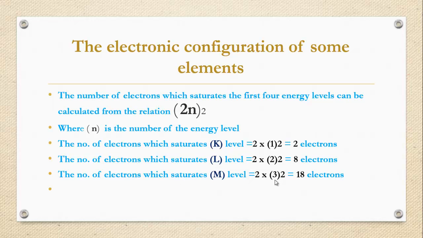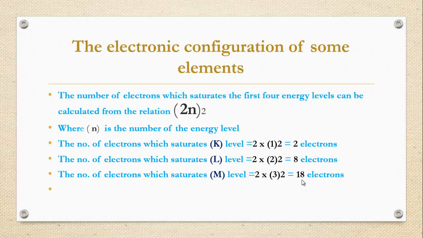Times 2 equals 18 electrons. So the M level is saturated with 18 electrons. Now you can calculate the N level. The N level is saturated with what? Excellent. 2 times 4 power 2 equals 32 electrons.